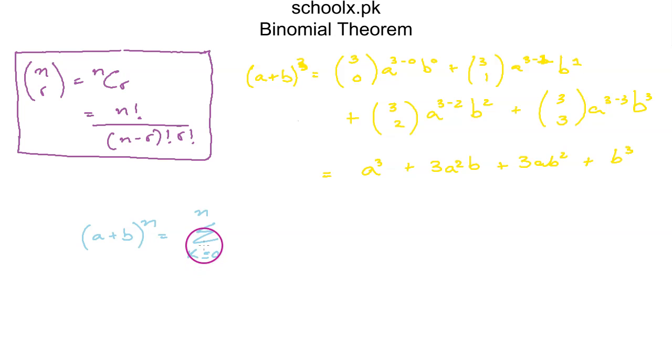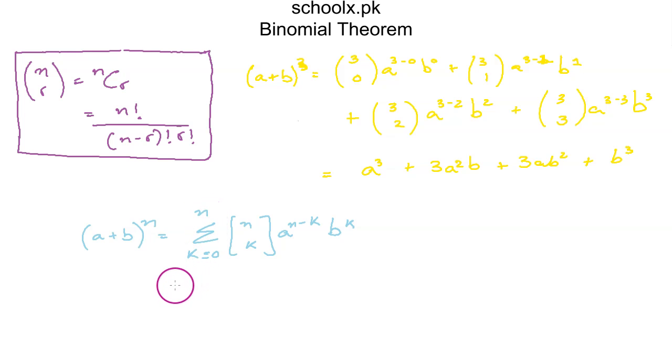This is read as the sum of whatever values we have here, for example nCk a^(n-k), or k can be taken as r, and b^k. So this is read as the sum of these terms when k was 0 till k equals n.